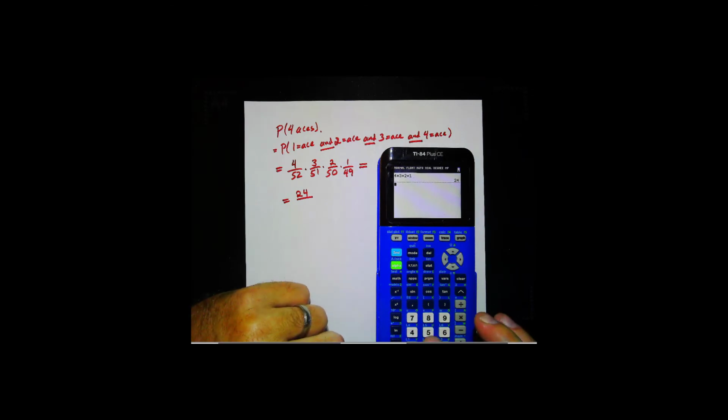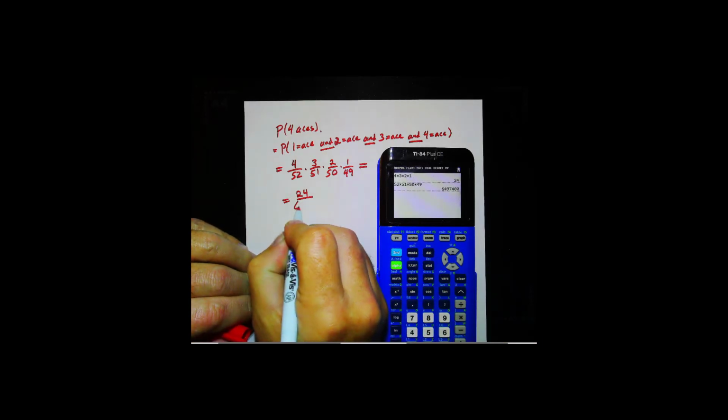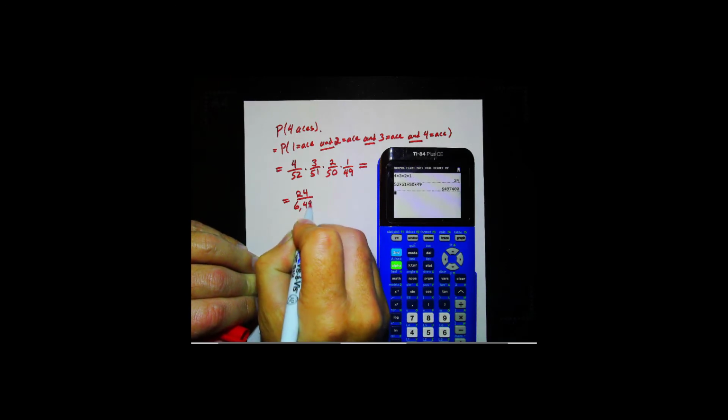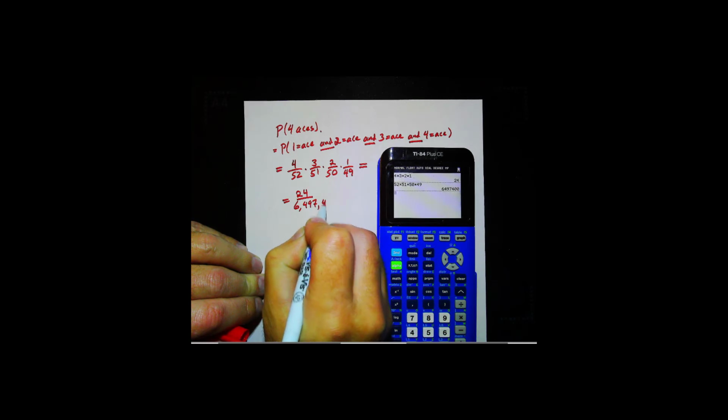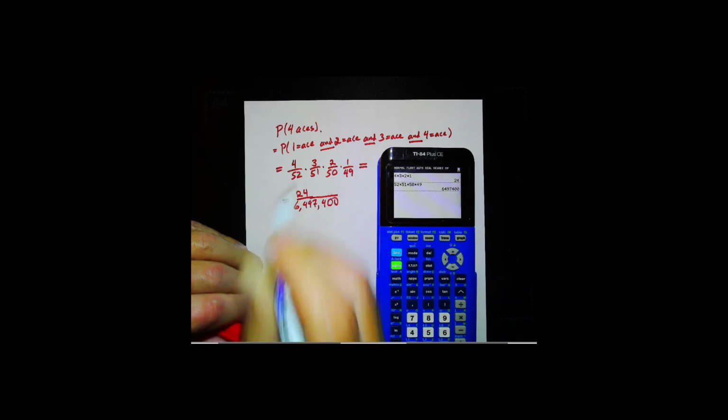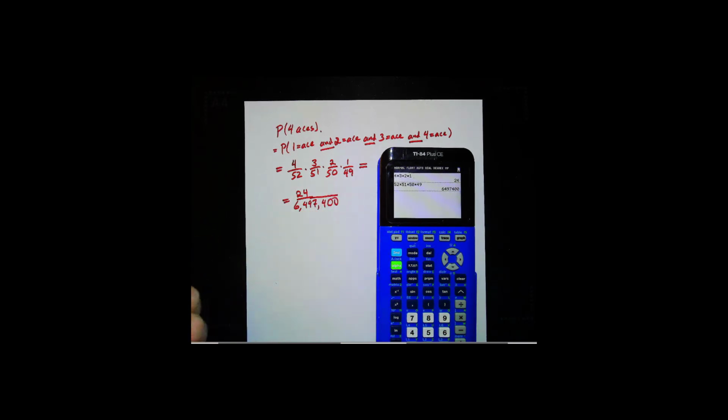And in the denominator, we have 52 times 51 times 50 times 49, which is 6,497,400.